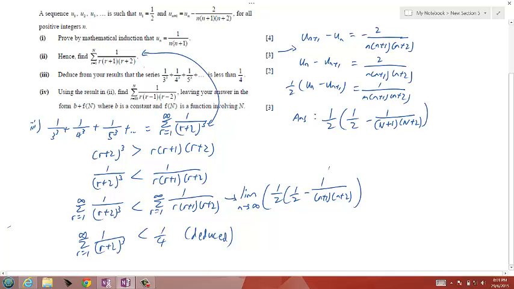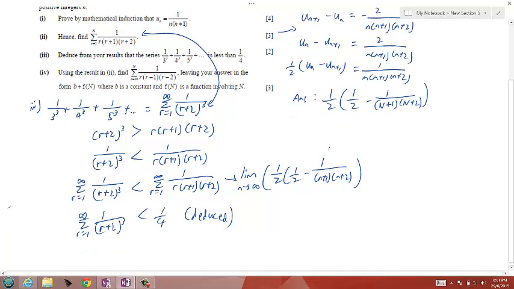It's more useful. So I should start from the end, not from the starting. So if I start from here, what should I replace r by? r plus 2. Very good. Because if we replace r by r plus 2, you will get the same as the part 1.